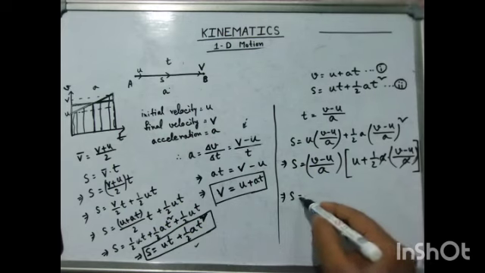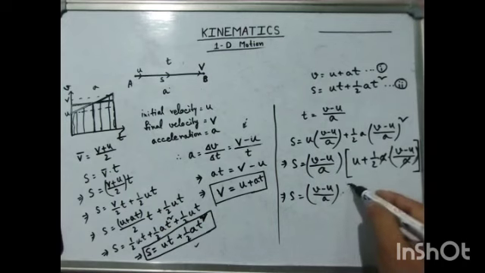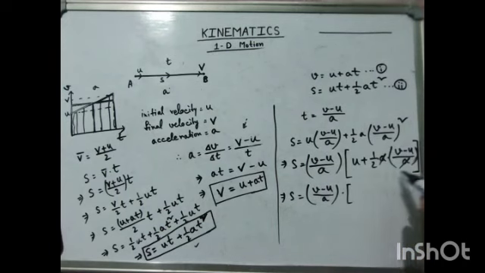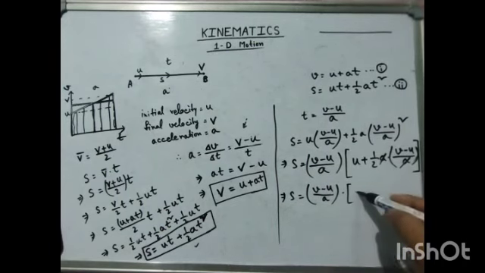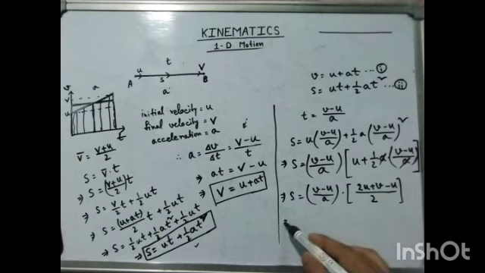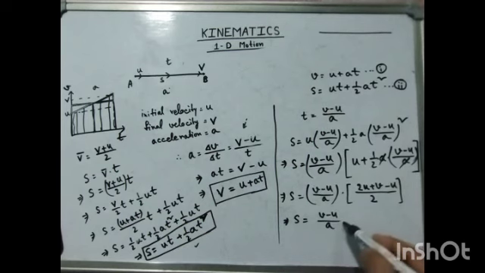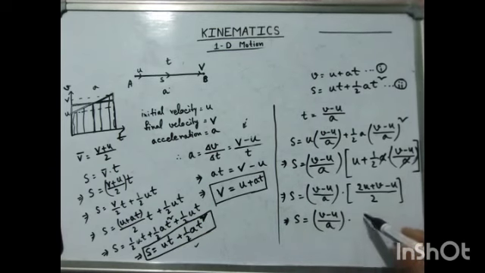So s equal to (v minus u by a) into, it will be by 2, so (2u plus v minus u). So now it will be (v minus u by a) into (v plus u) by 2.